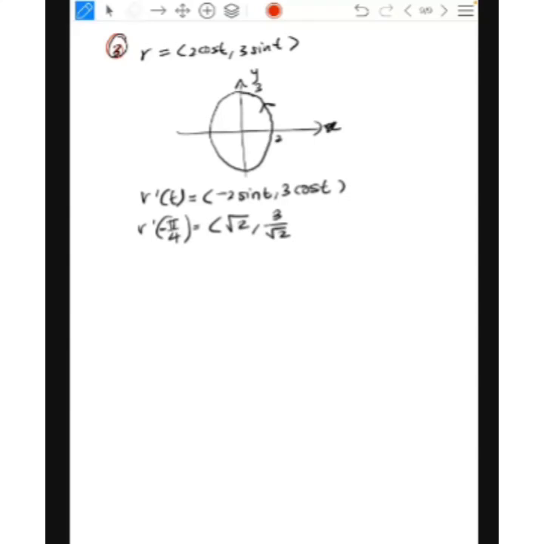Okay, so basically it is the same as just now, or you may write it in decimals, which is 1.4142, and the other one is 2.1213. And then before that, let us find r of negative pi over 4 from this equation.